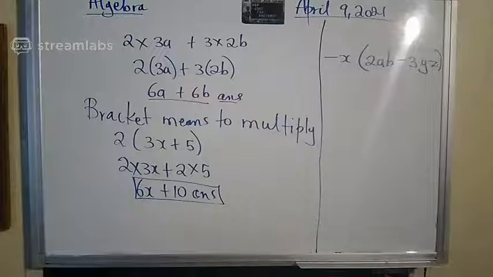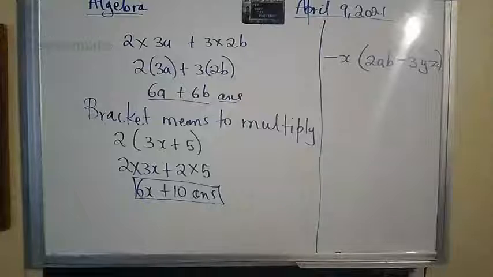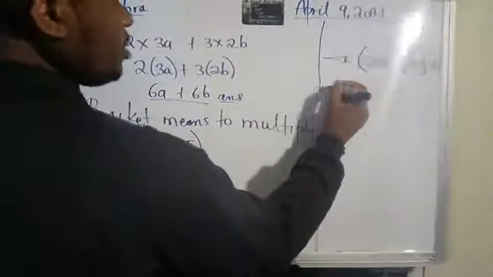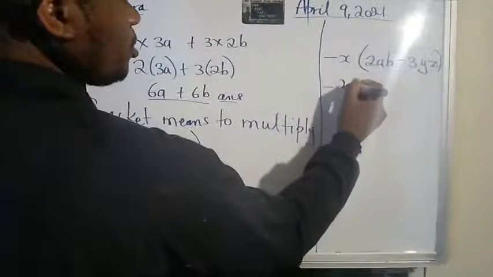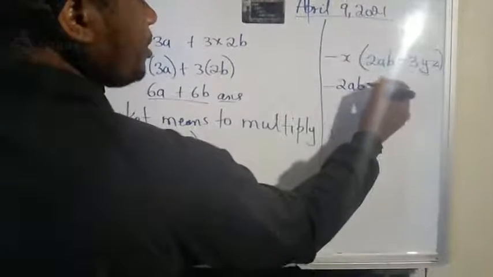Either you have 2 negatives times each other, you get a positive, or if you have 2 positives, like 5 4s, 20. Negative 4 times negative 5, positive 20. So a negative times a negative is positive, and it's simple to remember. The only time you get a negative is when you have different signs, a positive and a negative. That's not hard. So negative that will give us negative, and then x times that will be 2abx.